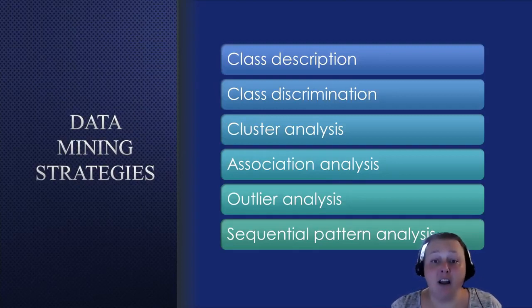Again, if we're going to look at marketing, if we're going to do a cluster analysis, we can say we're Amazon and say, okay, everybody that bought product A also bought product B. So if anyone's looking at product A, we may want to advertise product B to them as well, okay? Kind of goes along with association analysis, if you buy product A and product B. Outlier analysis is looking at those guys on the outside and seeing what they're doing and why they're doing it.